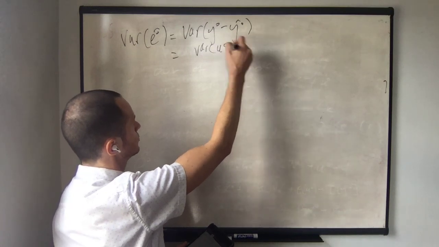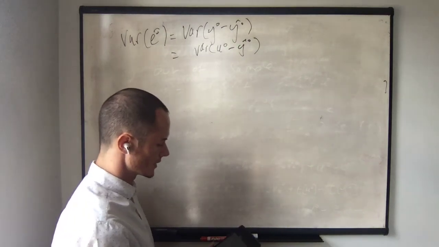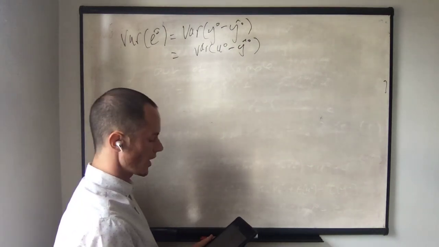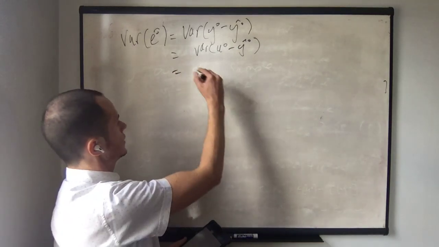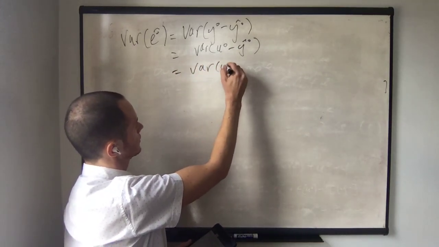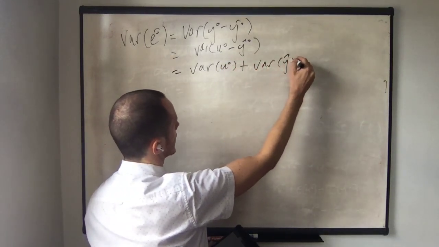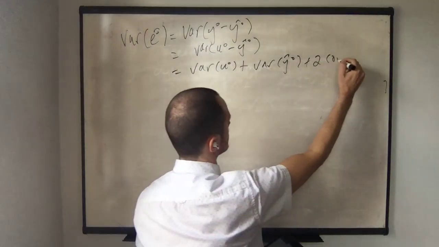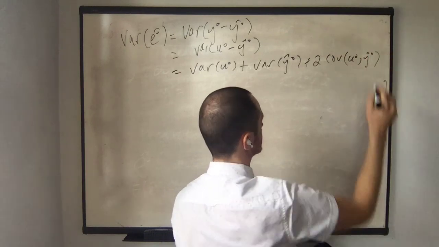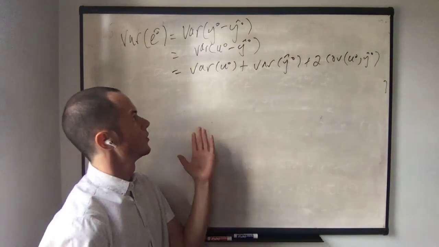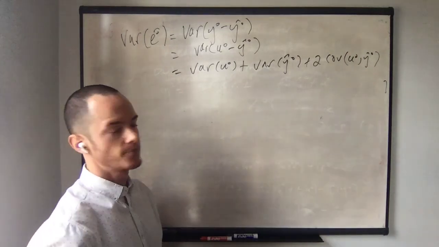We're left with u0 minus y hat 0, which is equal to the variance of u0 plus variance of y hat 0 plus 2 times the covariance of u0 and y hat 0, by virtue of the characteristics of variance.